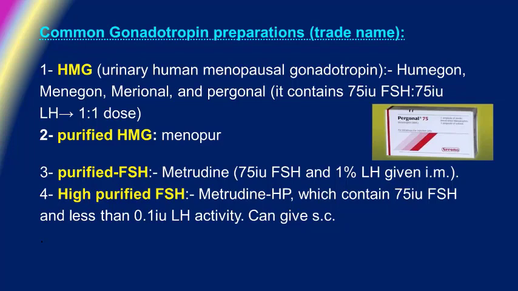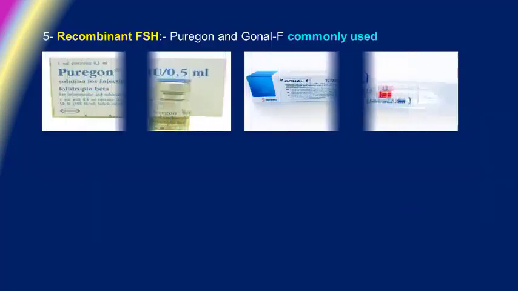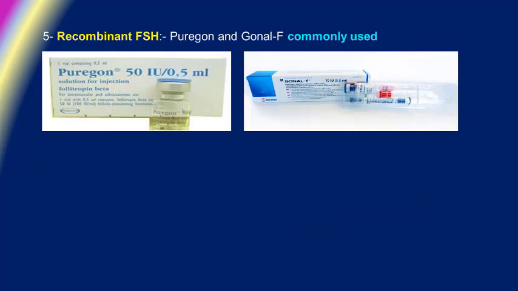So there will be no hypersensitivity reaction to the drug. The commonest drug used in infertility is recombinant FSH, not a human injection. The previous four are extracted from human beings. Now this is recombinant, synthetic FSH, like Puregon and Gonal-F.